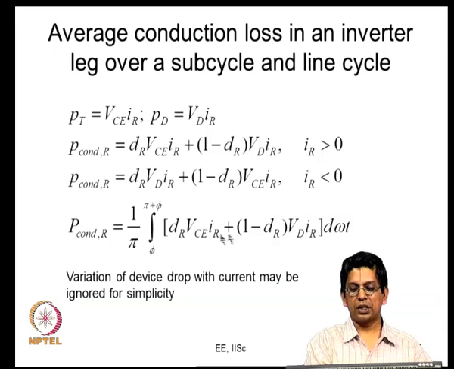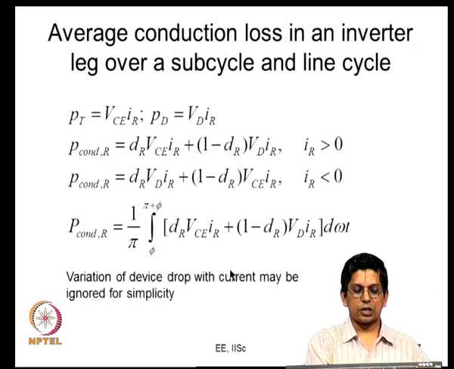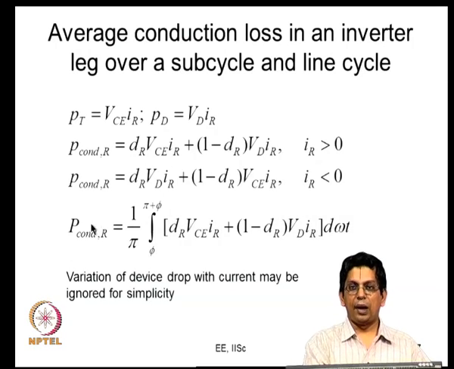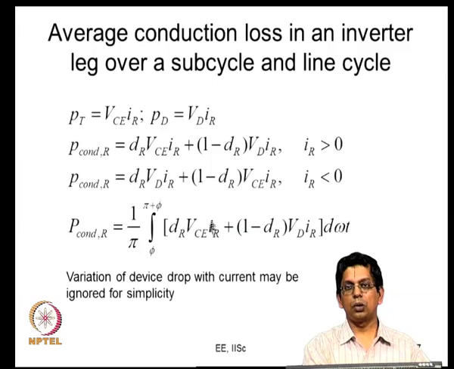So, with this simplifying assumption, when you take VCE and VD to be constant, it is possible to evaluate the conduction loss in one leg pertaining to any PWM method, and you can get an expression for that. The expression will be in terms of the modulation index, the peak load current, and the power factor angle.